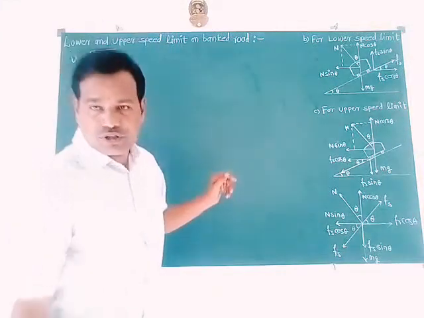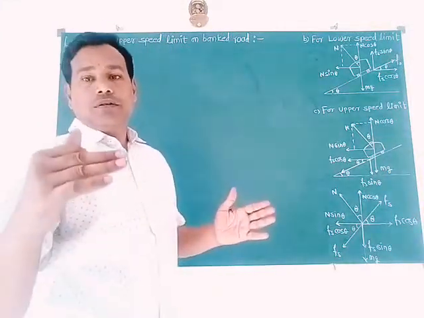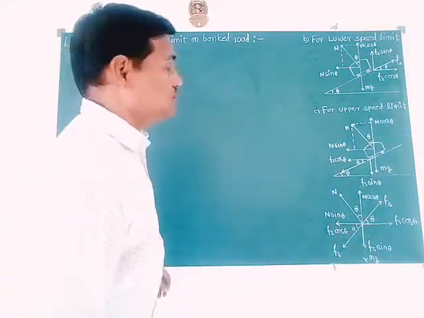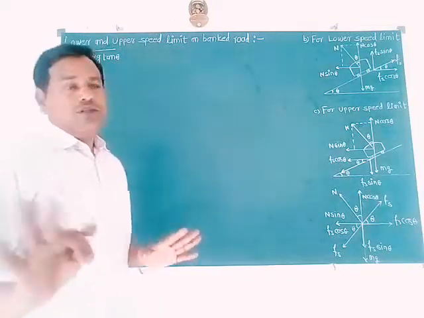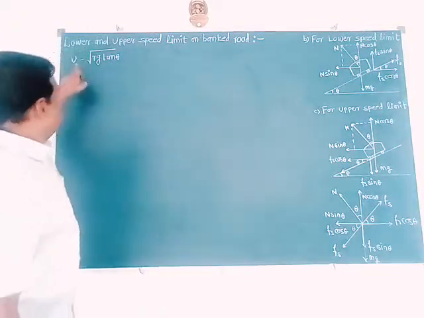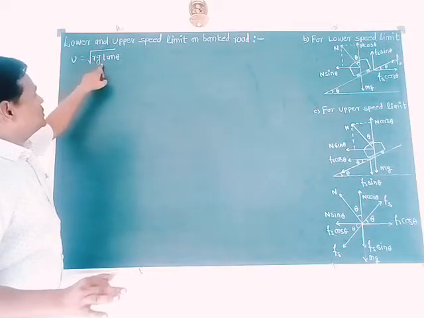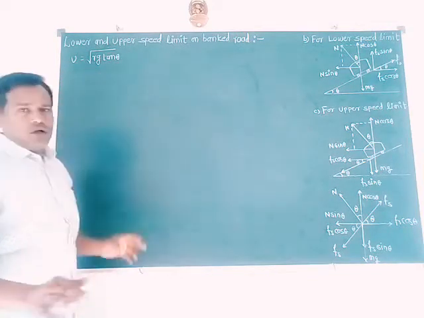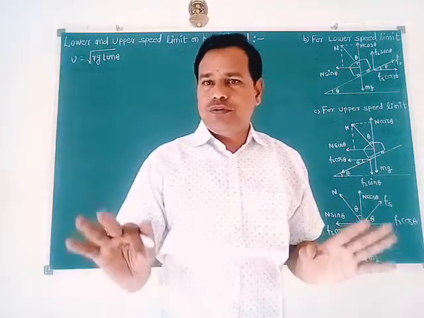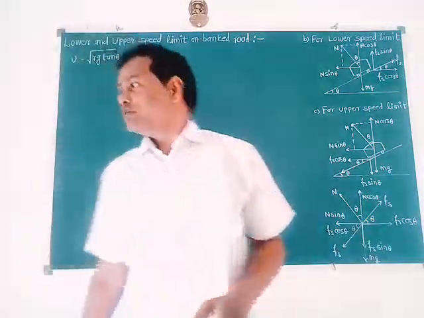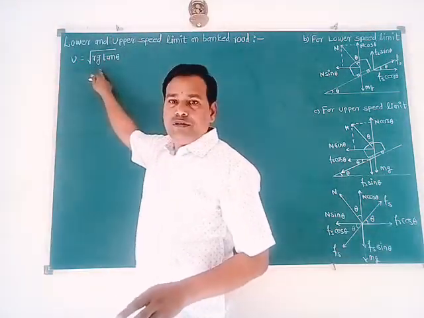We know the definition of banking of road, the angle of banking and so on. Now here one thing must be remembered: this safe speed, which is equal to square root of Rg tan theta, we cannot drive the vehicle always with this speed.